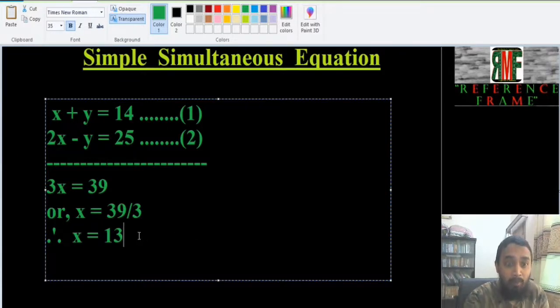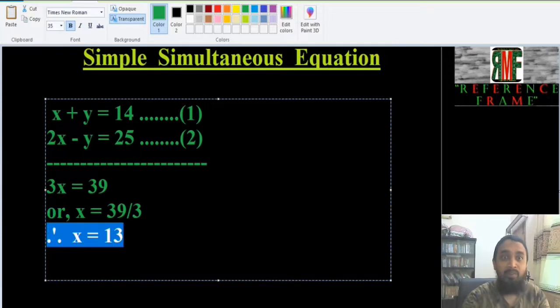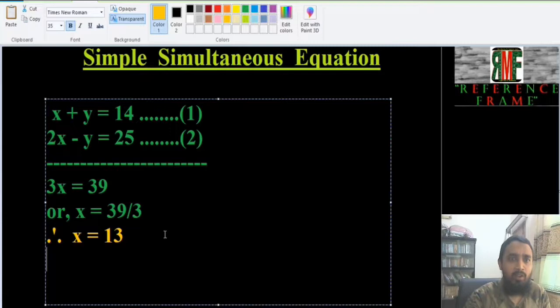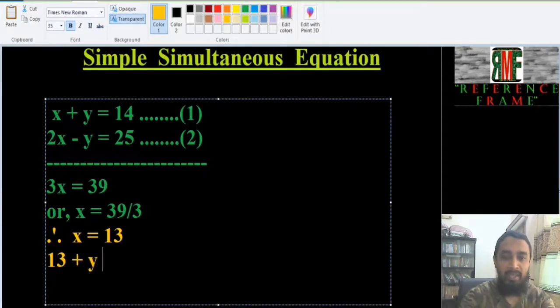Now here we have the value of x, marked with golden color. By putting this value, we can find the value of y. Let us put this value back into equation 1. The value of x is 13, so we can write 13 plus y is equal to 14.